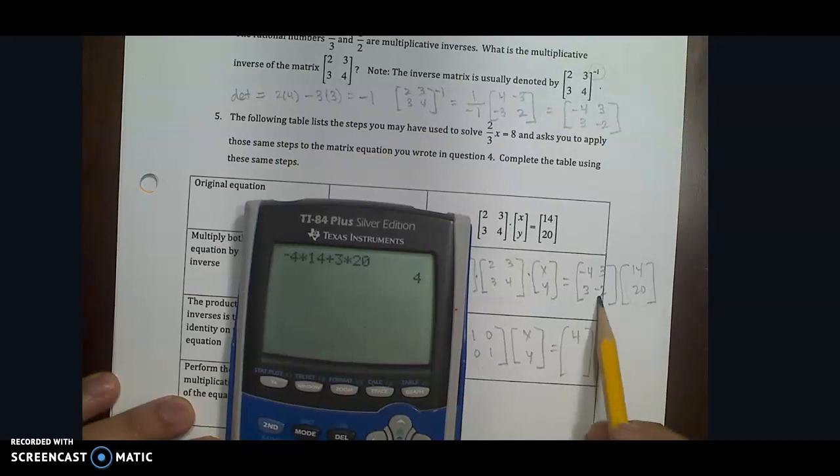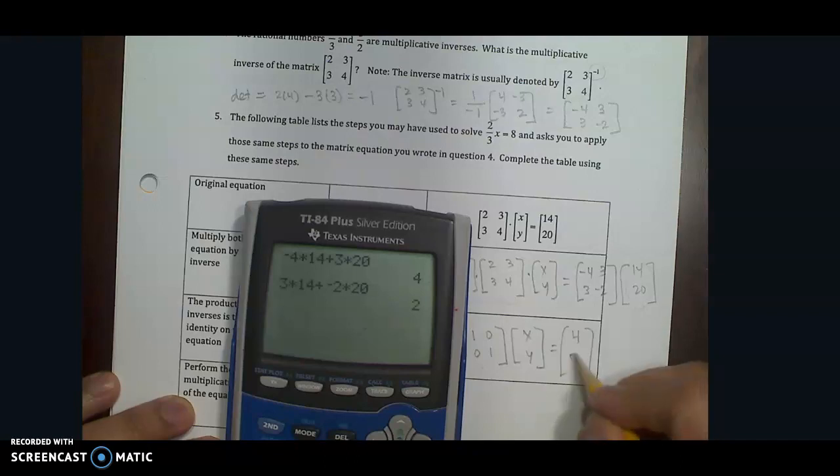Now second row times this column: 3 times 14, add to that negative 2 times 20. That gives me 2. So doing row times column, I got 4 and 2.